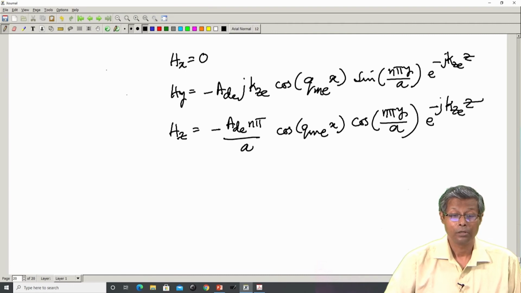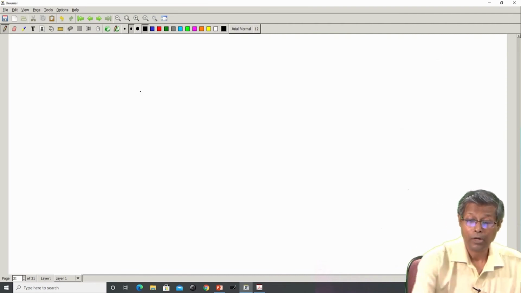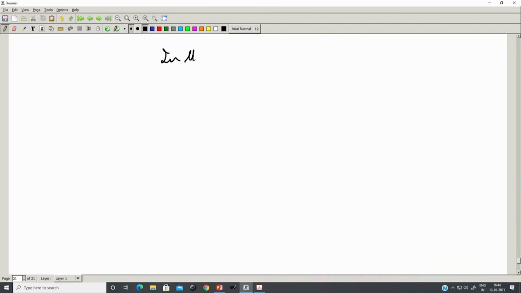Now, if you want to write down the fields in the air region, they can similarly be written by using the appropriate psi function for the air region.